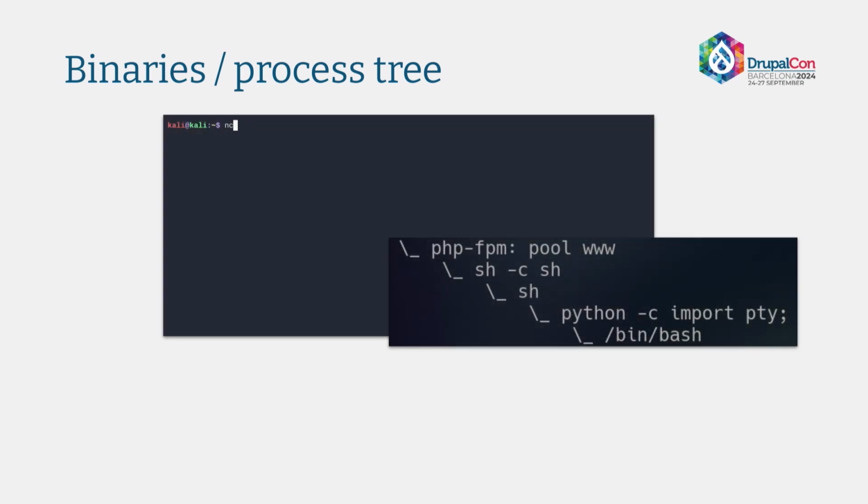If you're able to inspect the process tree to see what's going on, and you can see a Python script being spawned by your PHP processes, which is then in turn spawning a bash process, maybe something bad is going on. It would be a fairly good thing to go and look at.